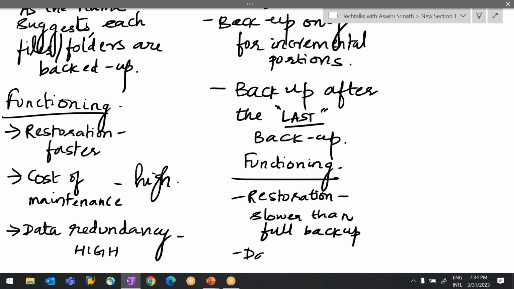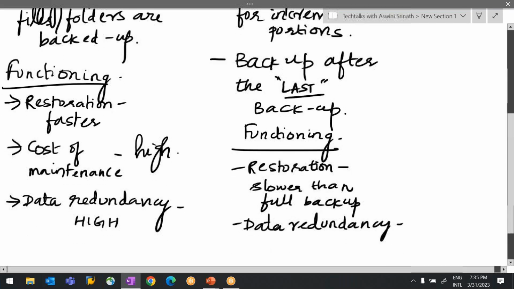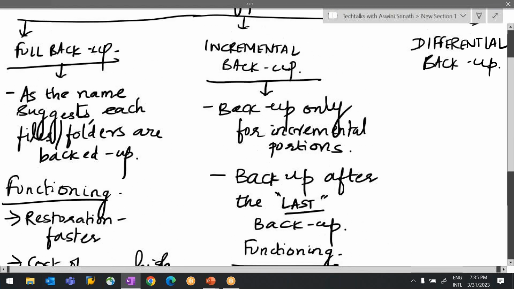Data redundancy as such is low, since you don't take the entire backup again and again, you just consider only the incremental portions. The data repetition or data duplication is comparatively lower in incremental backup. So that is on the incremental backup.